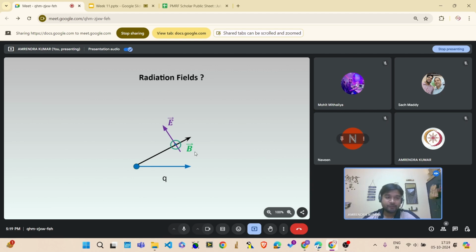then outside of that, the electric field lines will still have the same distribution, but inside that Gaussian surface, you will see that some tangential components of the electric field are appearing, and those tangential components are changing with time. Because the charge is accelerating, the amplitude of those tangential components is also changing.